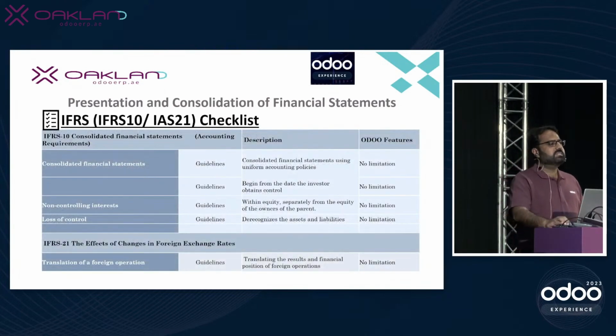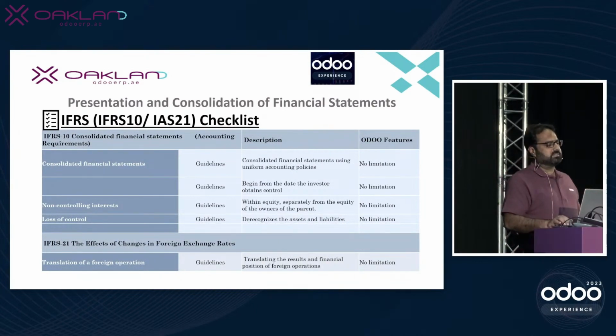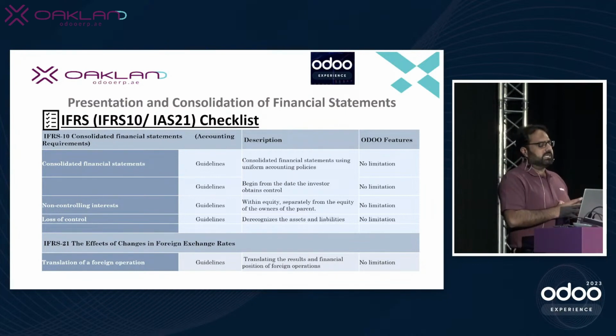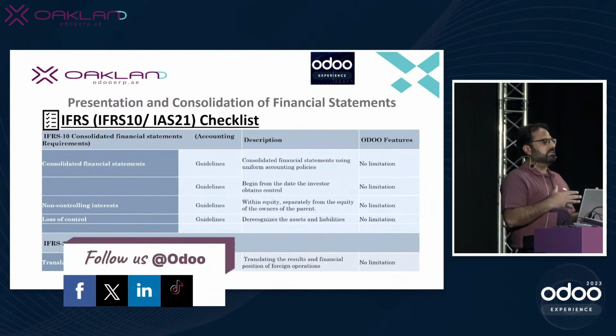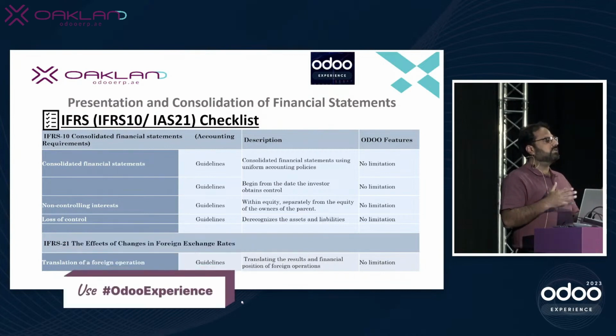Now, if we see the related international financial reporting standards, for example, IFRS-10 or IAS-21, we see the guidelines, and again, I don't find any limitation in that. For instance, if the consolidation period varies, if it's not a full year, we can control that.